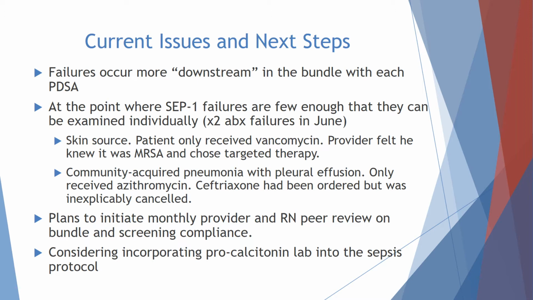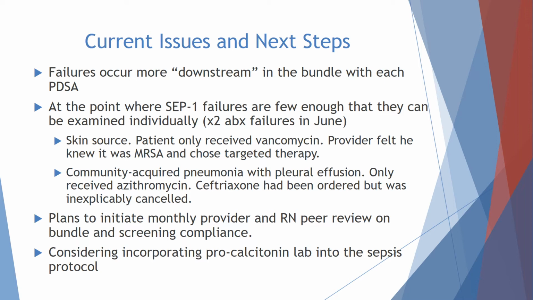What was the barrier for the provider to providing broad spectrum antibiotics? And then there was a community-acquired pneumonia patient who received only azithromycin, and the ceftriaxone had been canceled. So this hospital is looking into why it was canceled and whether that's a failure in the system. Is there a new opportunity for a PDSA cycle to improve that to make sure that doesn't happen next time?